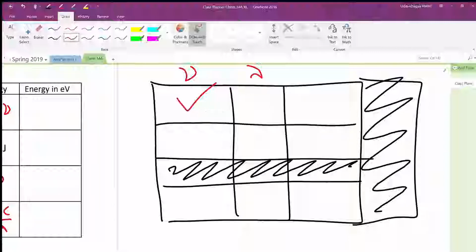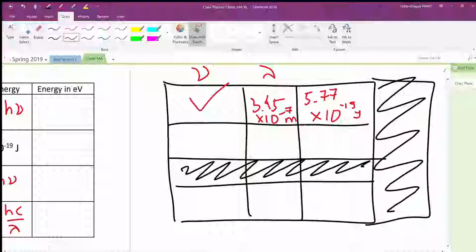Oh, it's actually over there, 3.45 times 10 to the negative 7 meter. And if you're looking for the energy, then the energy is going to be 5.77 times 10 to the negative 19 joules.